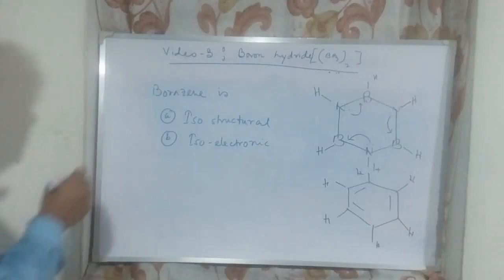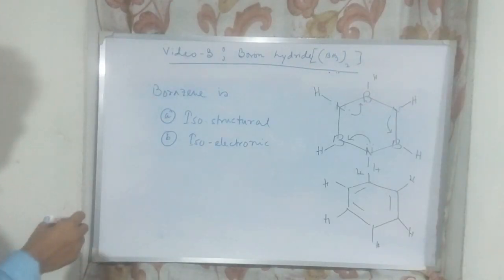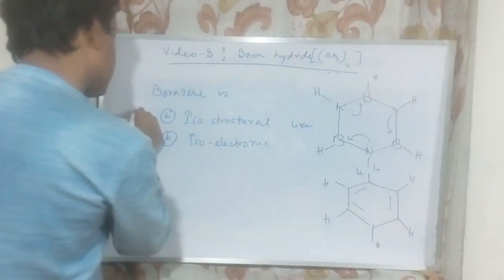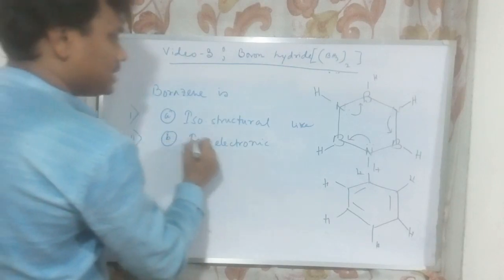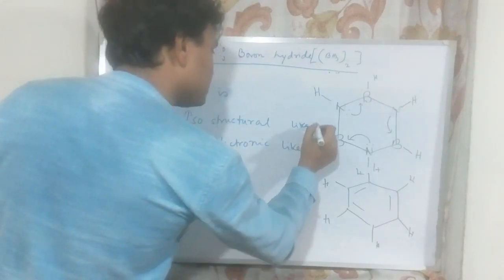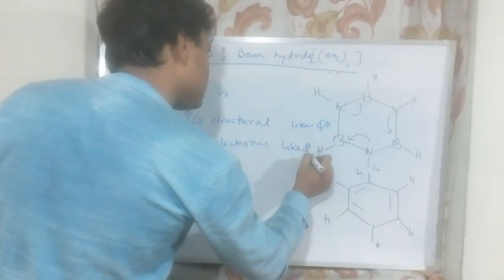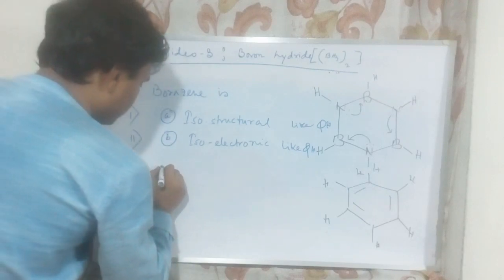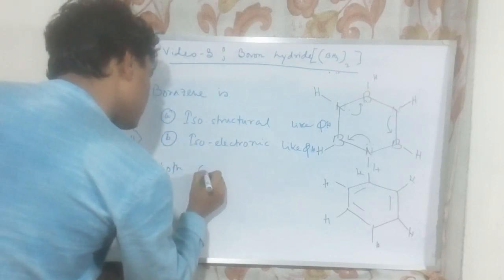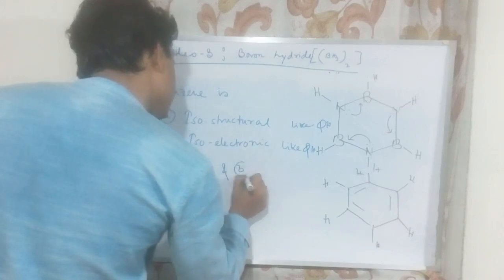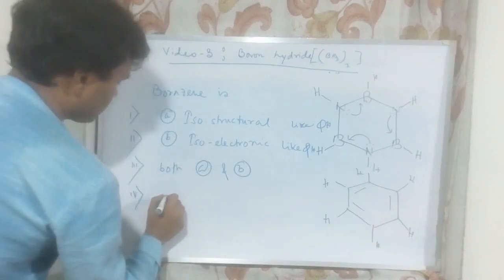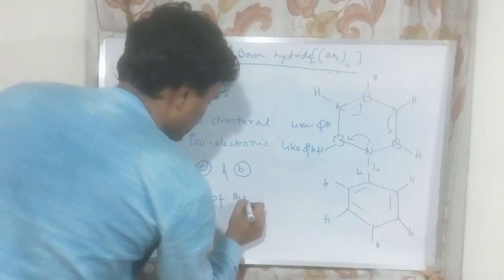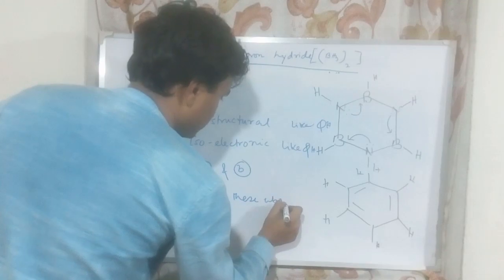So the question may be, borazine is isostructural like benzene, point 1, isoelectronic like benzene, point 2, both A and B, point 3, and point 4, none of these above.